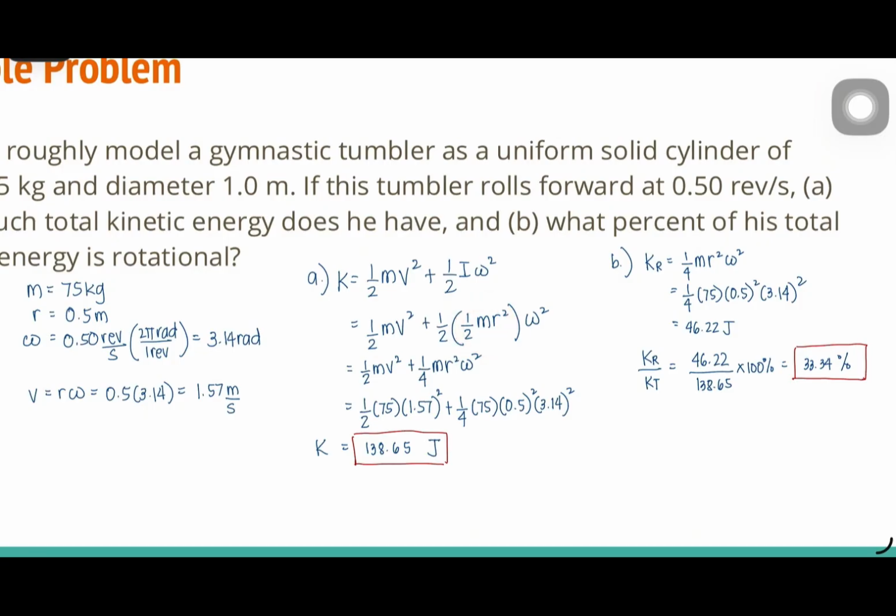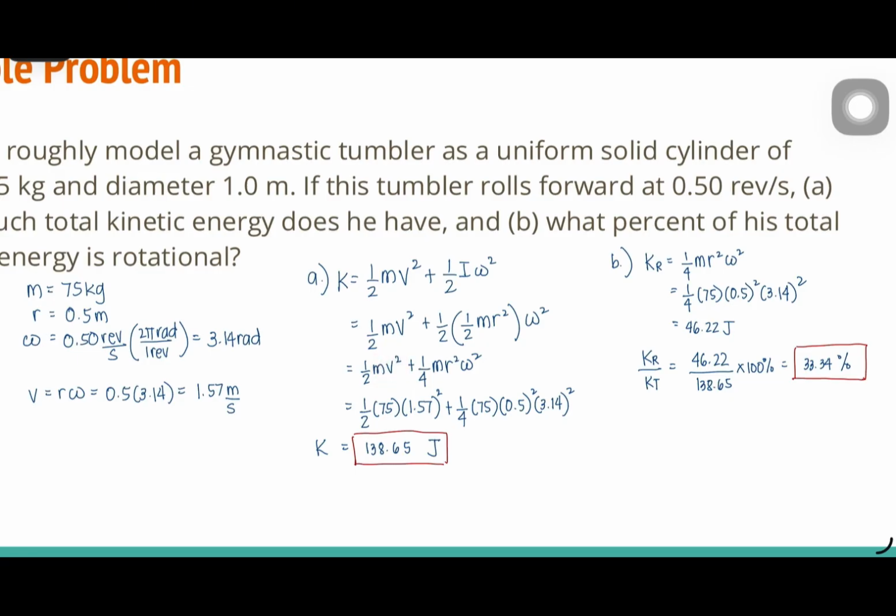So, iba-iba po yung moment of inertia depende sa given na element or rigid body. Pag solid cylinder, 1/2 m r squared. Okay? Ito po yung formula for the moment of inertia ng uniform solid cylinder. Next, so simplifying our equation, we get 1/2 m v squared plus 1/4 m r squared omega squared.